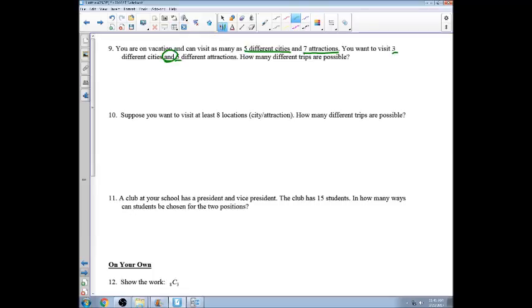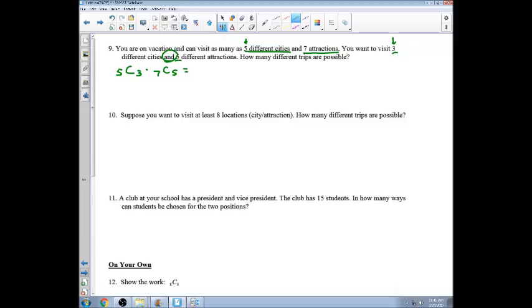So the first combination is my 5 cities and my 3 cities. I have to choose 3 of my 5 cities. So it'll be 5 combination 3. I have the word and, which means I'm going to multiply in between. Now I have to choose 5 of my 7 attractions. So it'll be 7 combination 5. Okay?